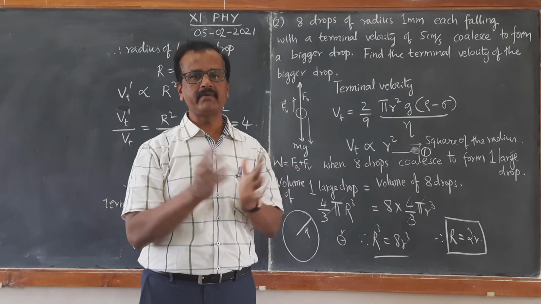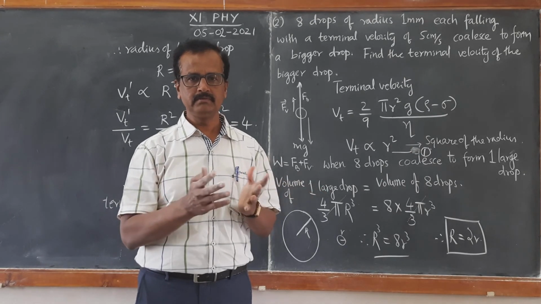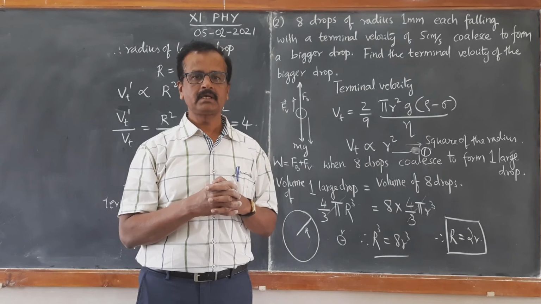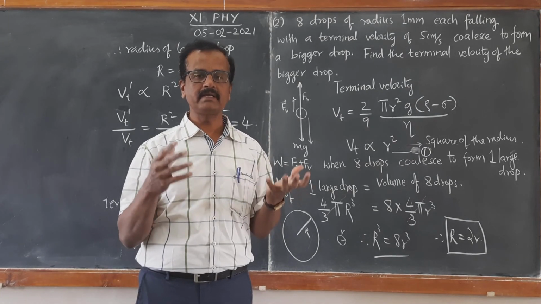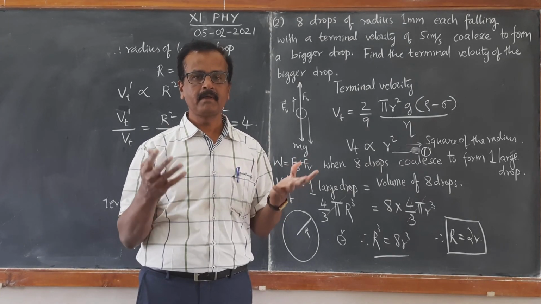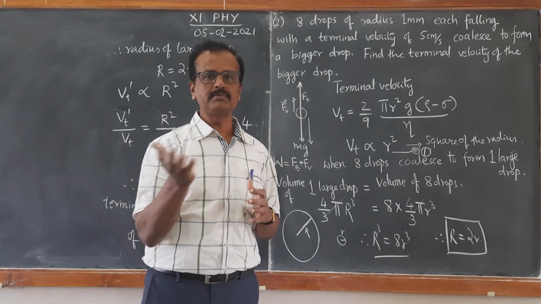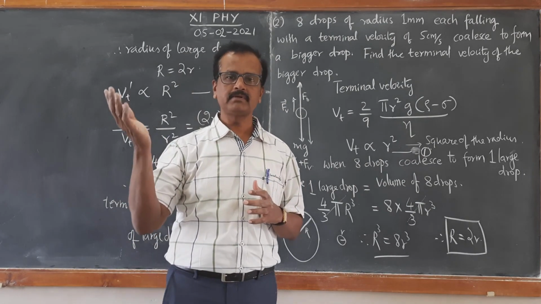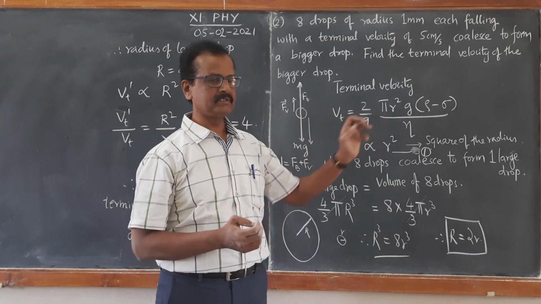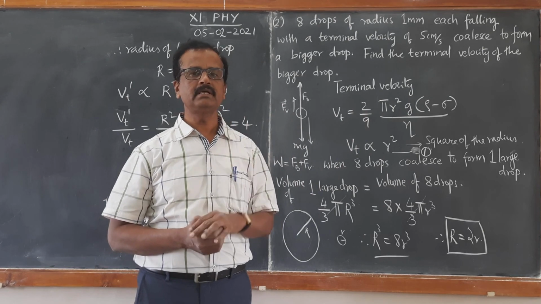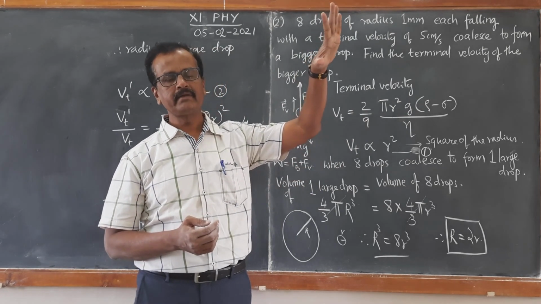This is one of the reasons why thin clouds, the clouds which have less density, do not pour rain. The clouds just move away because the radius of these tiny drops is very small, and they are not able to reach the ground.